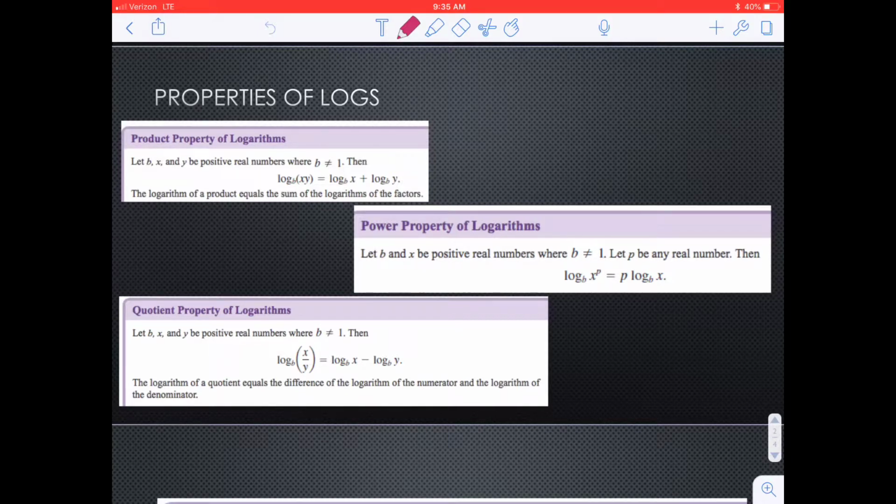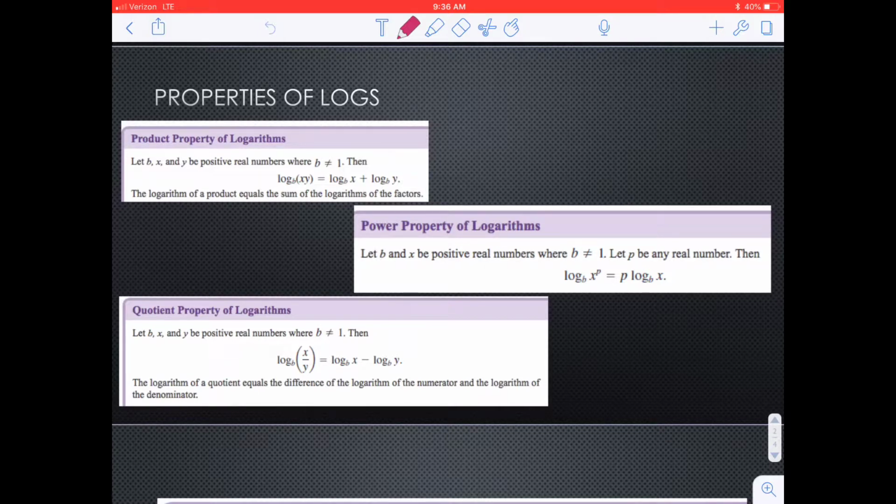There's some relationship between these two. Let b, x, and y be positive real numbers where b does not equal 1. Then log base b of x divided by y, so there is division in your argument, is equal to log base b of x minus log base b of y.